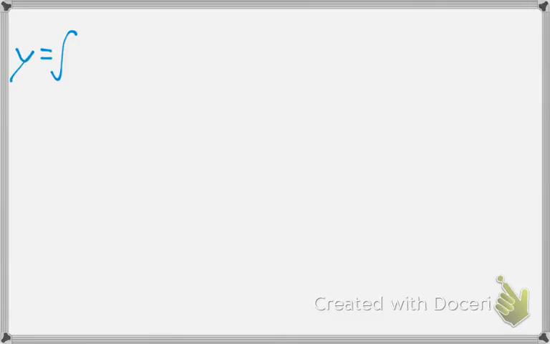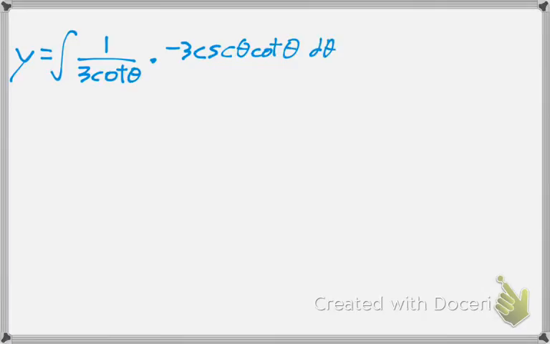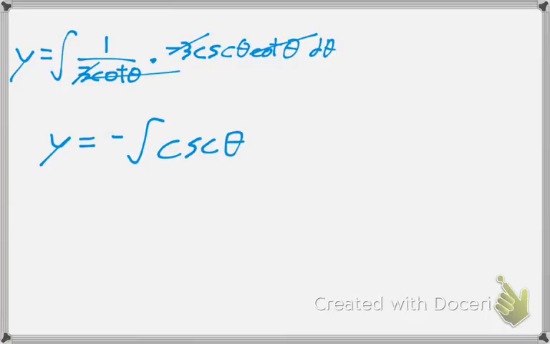So y is equal to the integral of 1 over 3 cotangent theta, times negative 3 cosecant theta cotangent theta d theta. The cotangents will cancel out, and also the 3's will cancel out. So now you have y equals negative the integral of cosecant theta d theta.